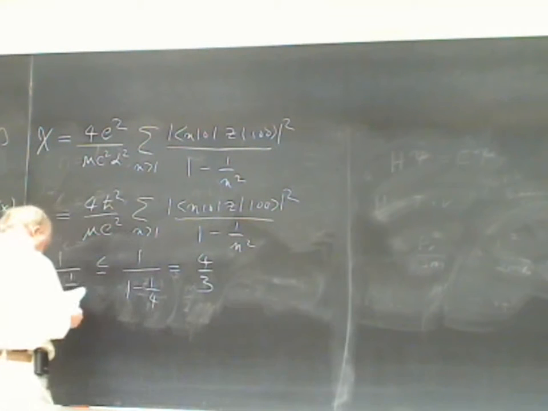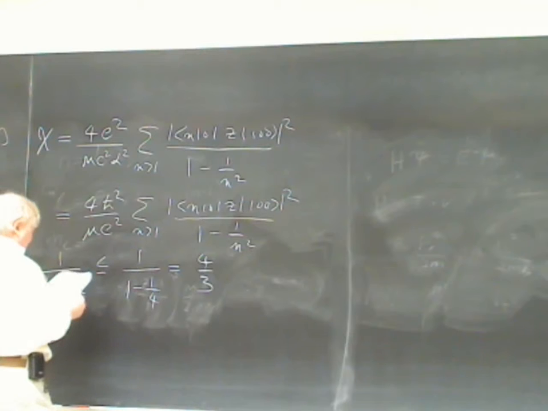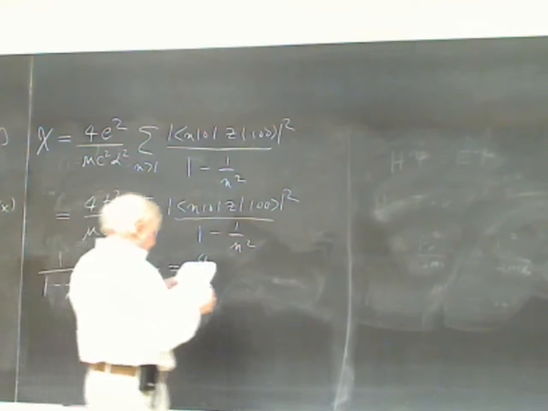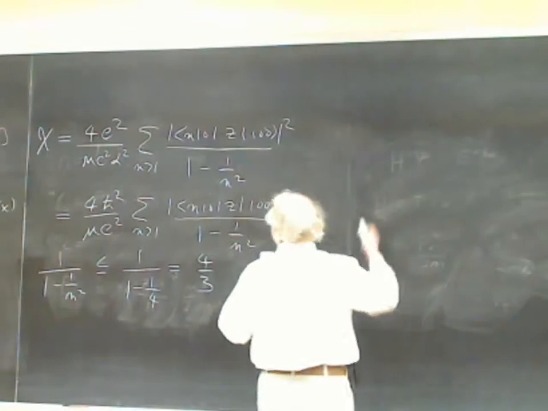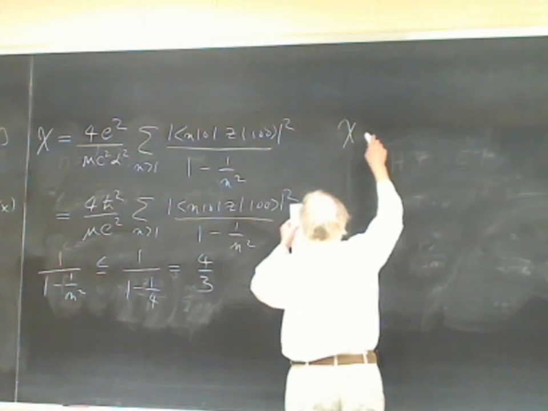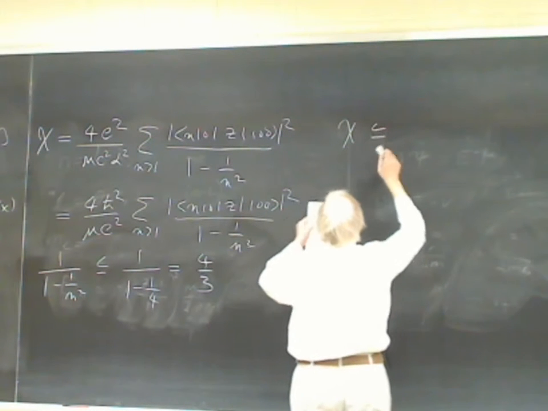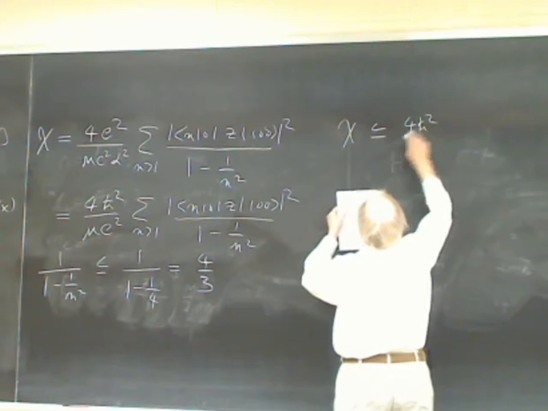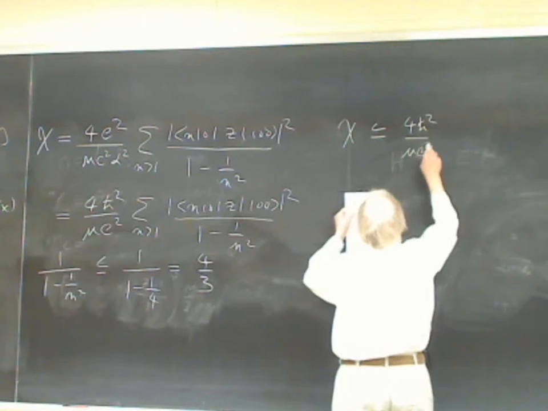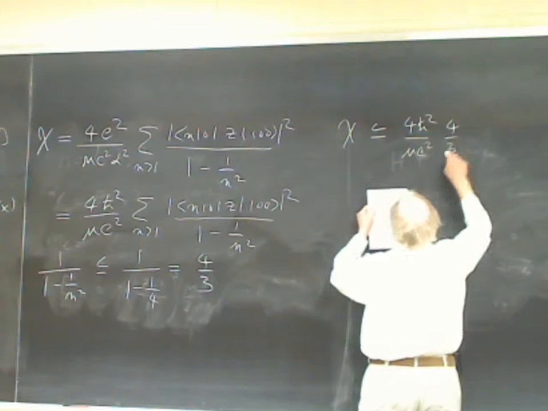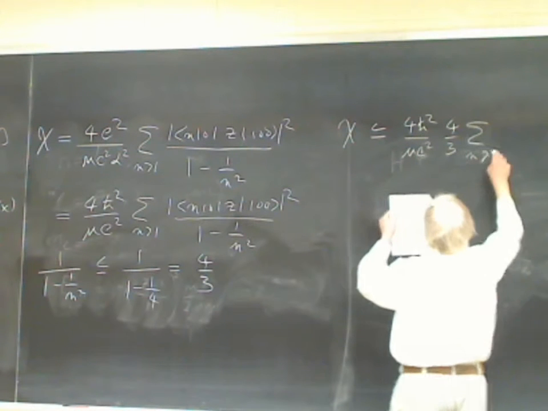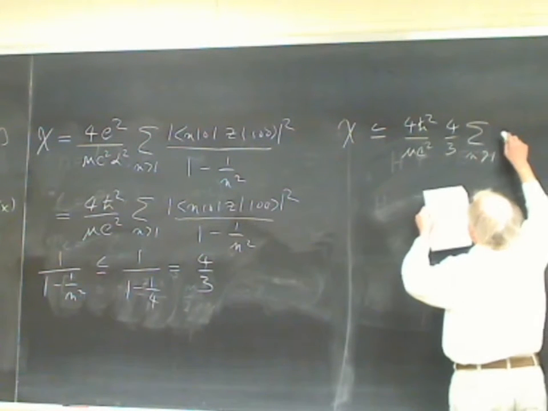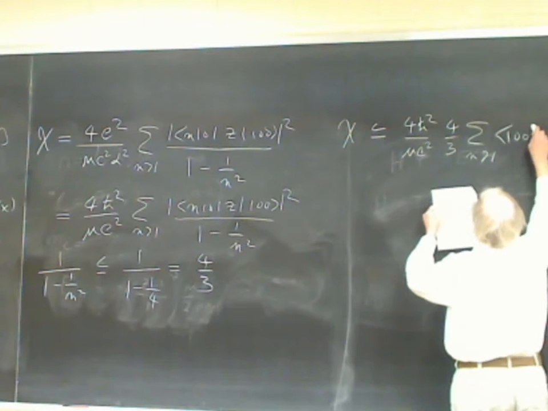And the upper bound then is that we can say pi is less than or equal to 4 h bar squared over mu e squared, 4/3, sum over n greater than 1, <1 0 0|z|n 1 0>.